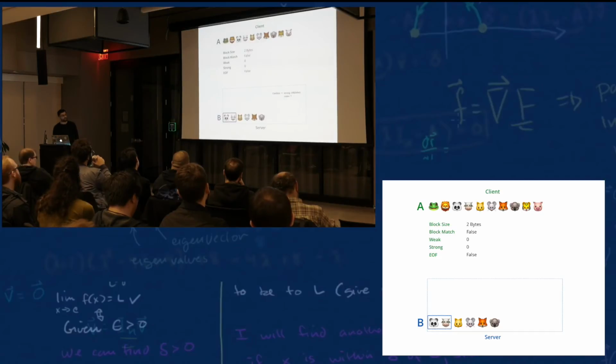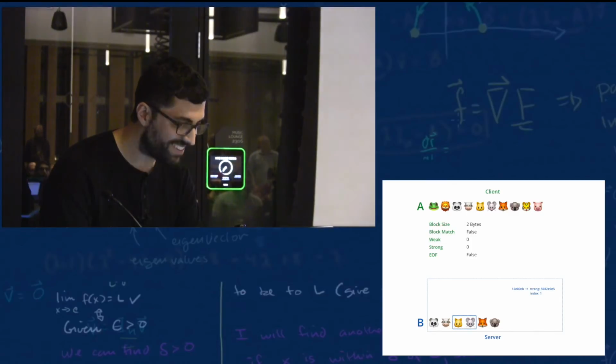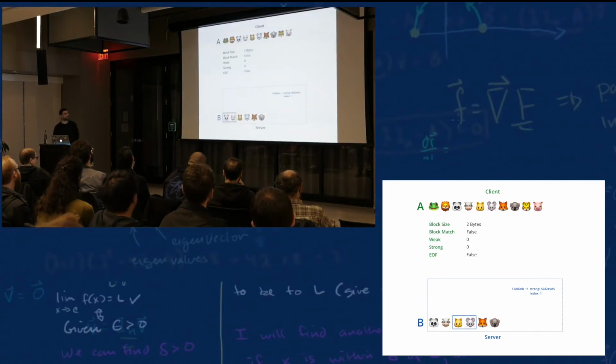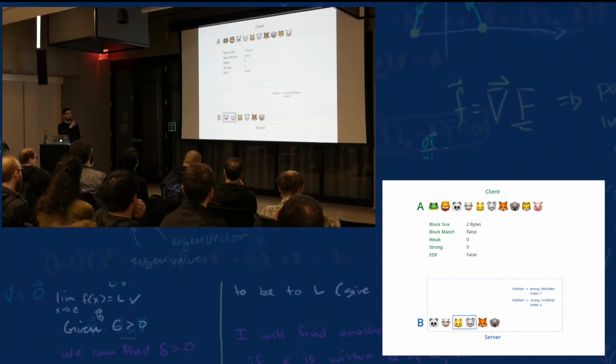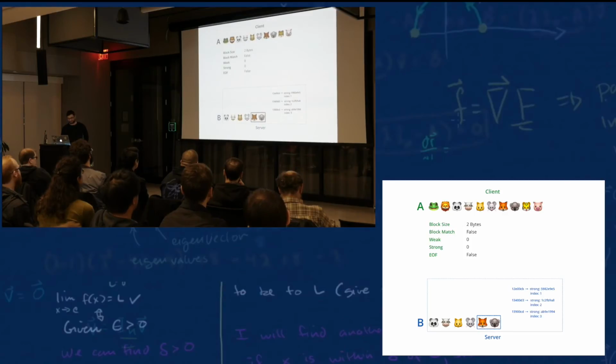The signature table is indexed by the weak signature, and it points to the strong signature and the block index in B. The same is done for the next block, and the next, and the next. Once the signature table is complete, it is sent to the client.